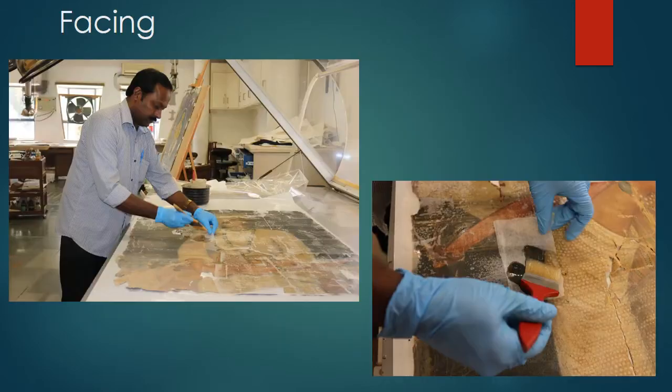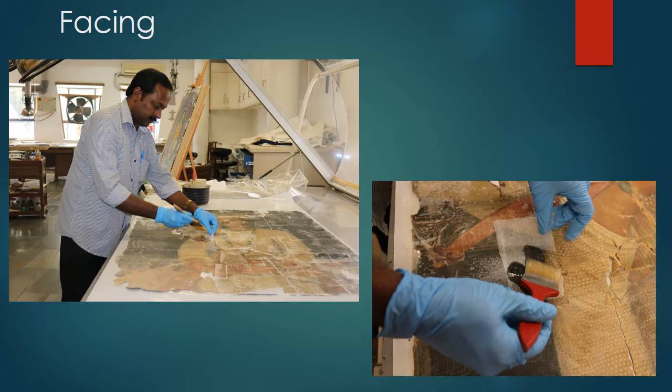Facing. Facing is necessarily a temporary measure and it is done to protect the paint layer from further flaking and crumbling during the handling process for treatment. The painting had suffered damage due to exposure to moisture, hence water-soluble adhesives were not preferred.